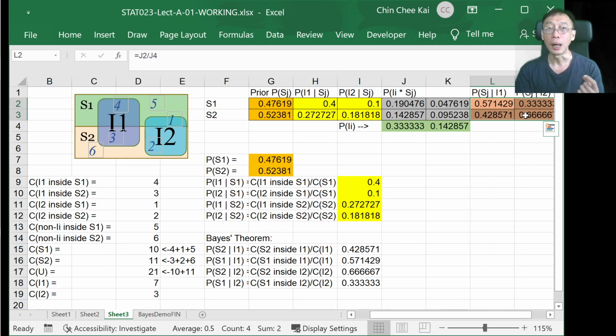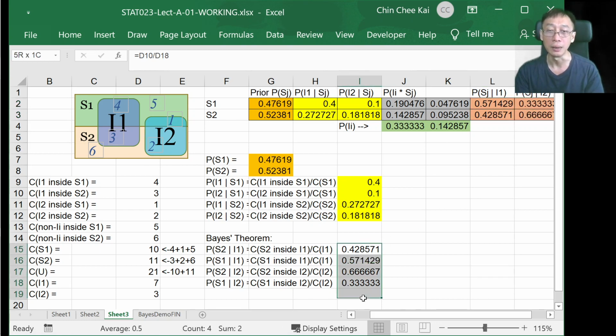And when we check with our own ball by ball counting, we find that, yeah, this is exactly what is being done by Bayes' theorem. So our understanding is there, our calculation is there, and that is how we can easily derive the posterior probabilities when we are given the prior probabilities and the credibility matrix of the consultant.